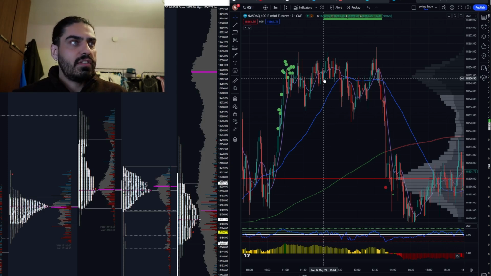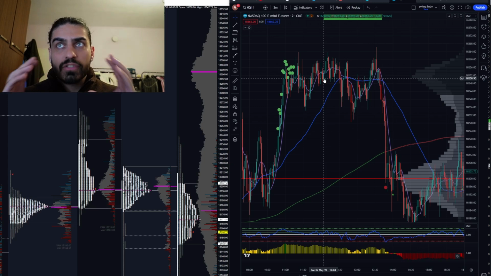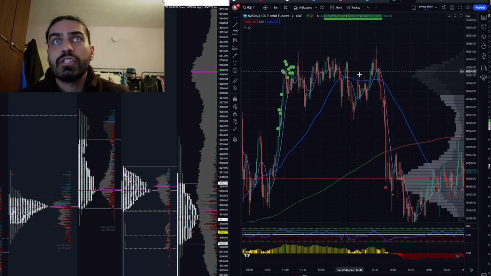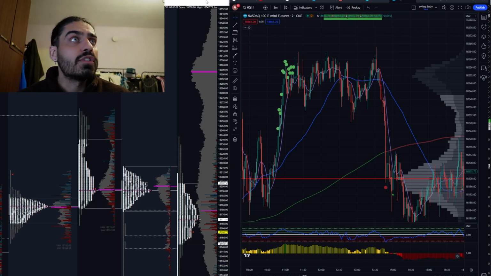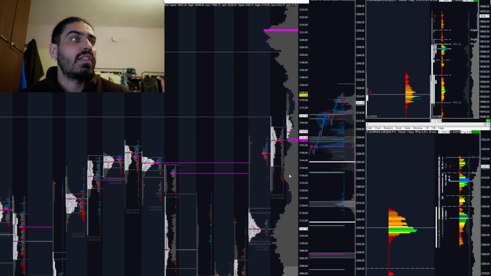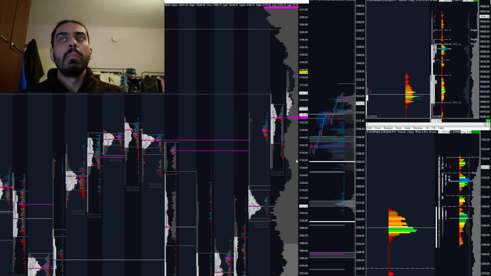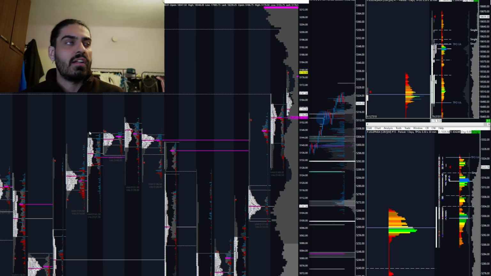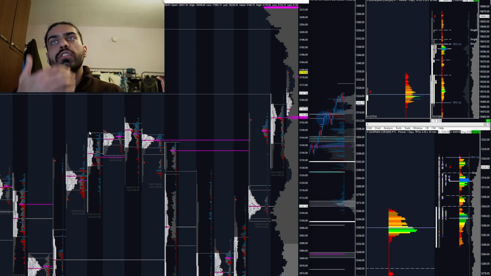So when we have these absorptions, the first test, the first accumulation of those areas on an individual session basis, is the area that I like to see form, right? If there's multiple of these on a day-to-day basis, what you're seeing in this area is a huge clustering and accumulation of this delta that creates mass absorption at a high or a low that's going to generally turn prices.